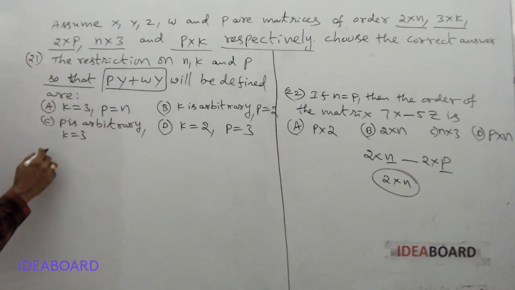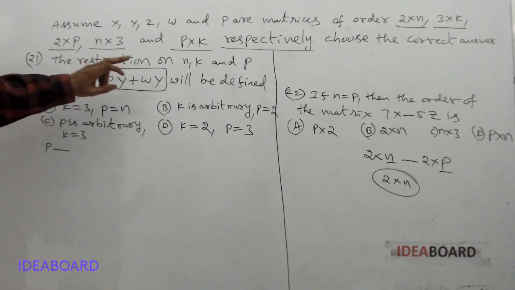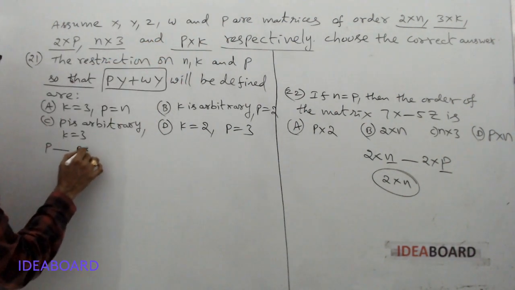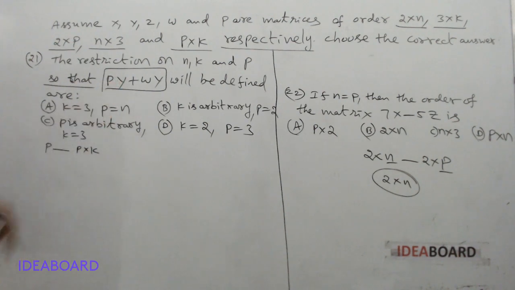Here for PY plus WY, the order of P equals p by k, and the order of Y equals 3 by k.